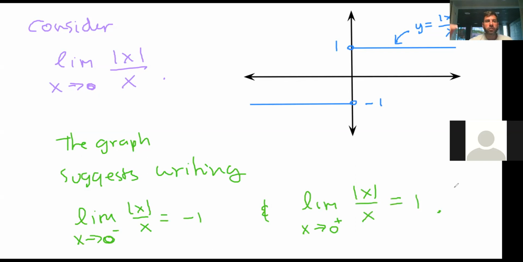Because when I approach 0 from the right-hand side, I'm always at height 1. When I approach from the left-hand side, I'm always at height -1. No matter what my input is, if it's positive, my output is 1. And if my input is negative, my output is -1.